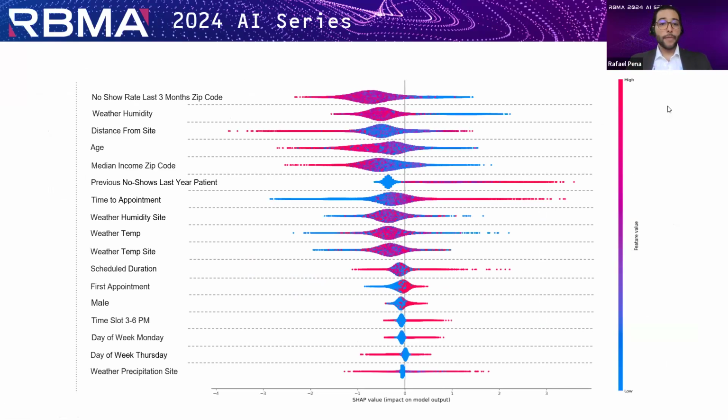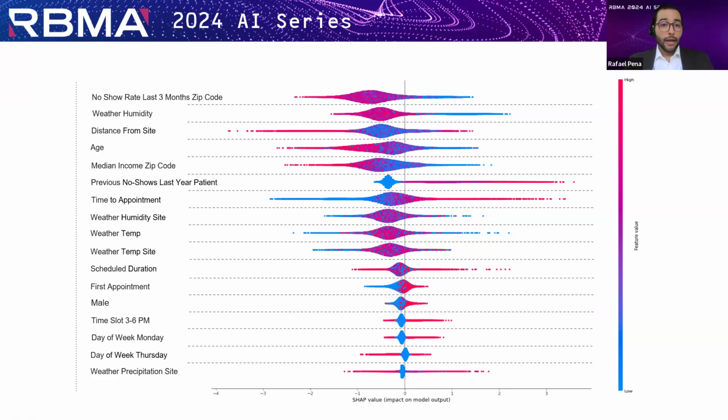For example, weather has tremendous predictive power over the decision of showing up to their appointment for different patient subgroups. For example, the distance to site, and it might even sound counterintuitive, but the further away you live from the site of the exam, the more likely you are to actually show up to your appointment.